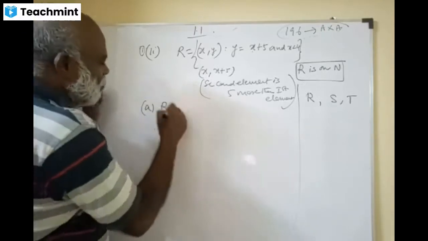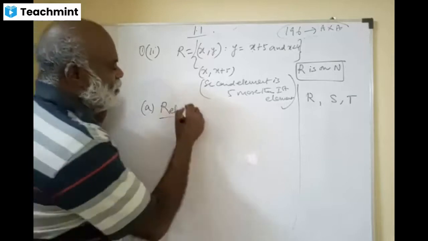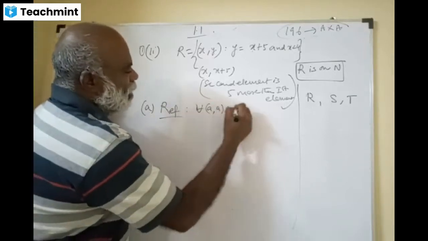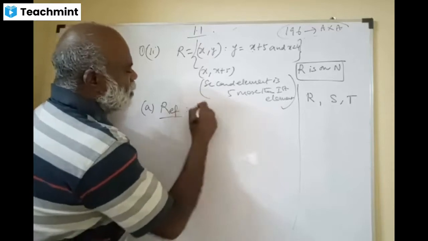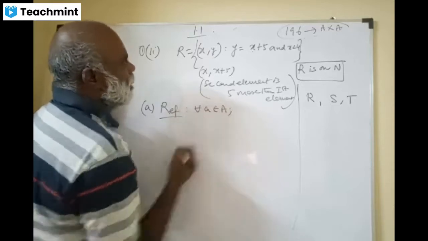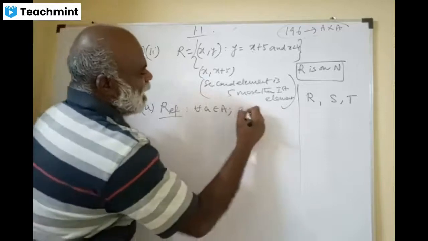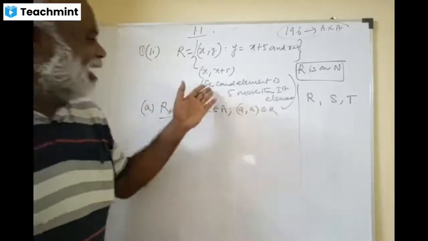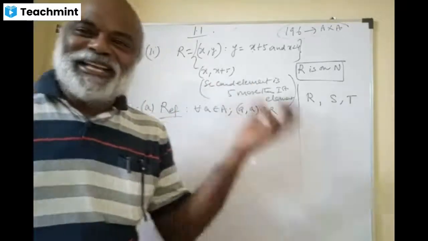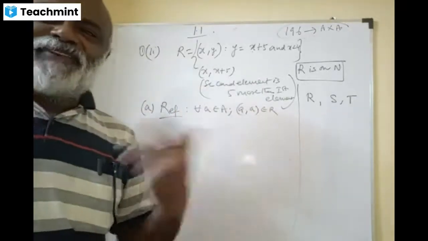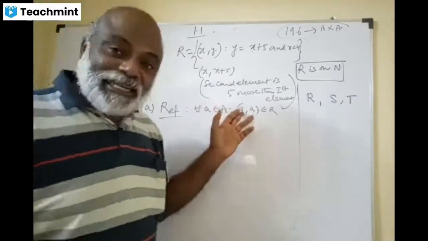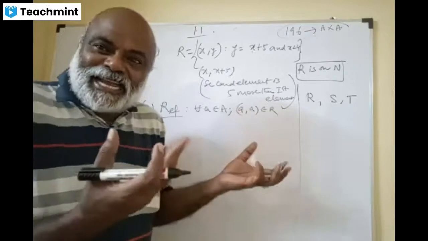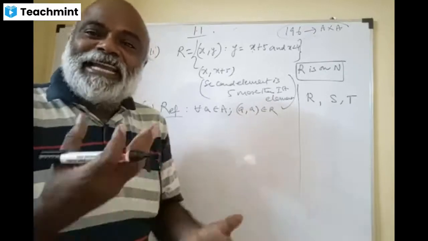Reflexive, please. We know that for every a belonging to A, a comma a must belong to R. He is telling that in the relation the second element is 5 more than the first element. But the reflexive relation is asking for both identical elements.